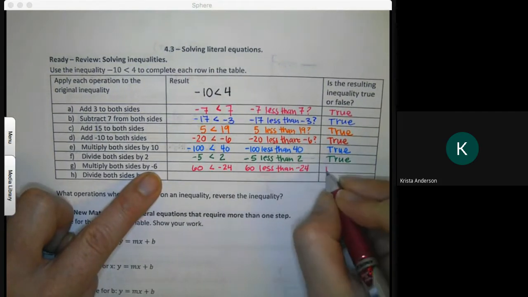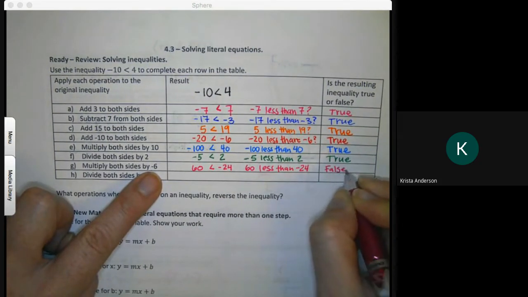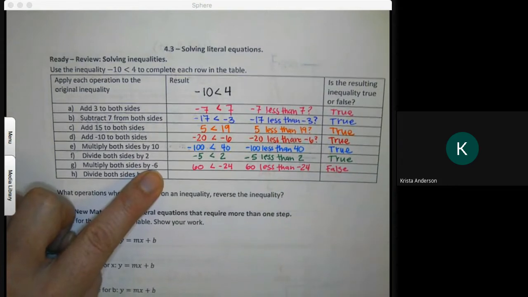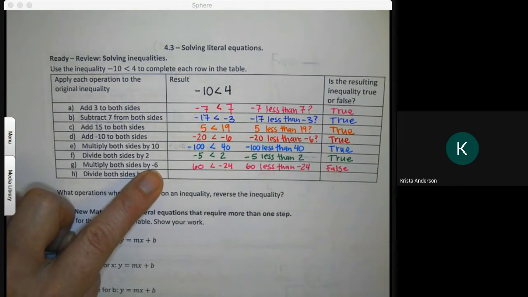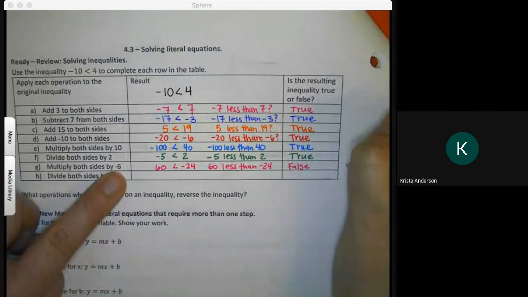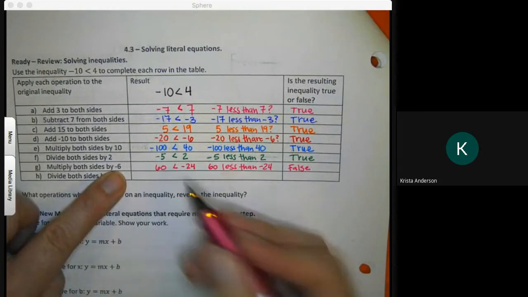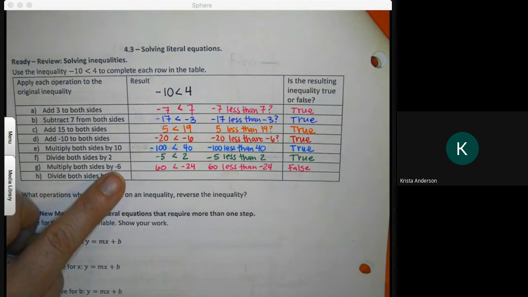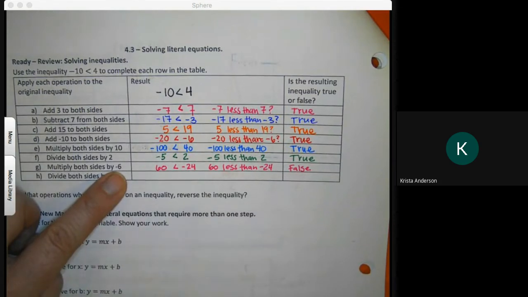That would be false. Do you remember what the rule is when you multiply by a negative number? You have to flip the inequality sign. So in order to make it true, this inequality would have needed to be flipped, switched directions.